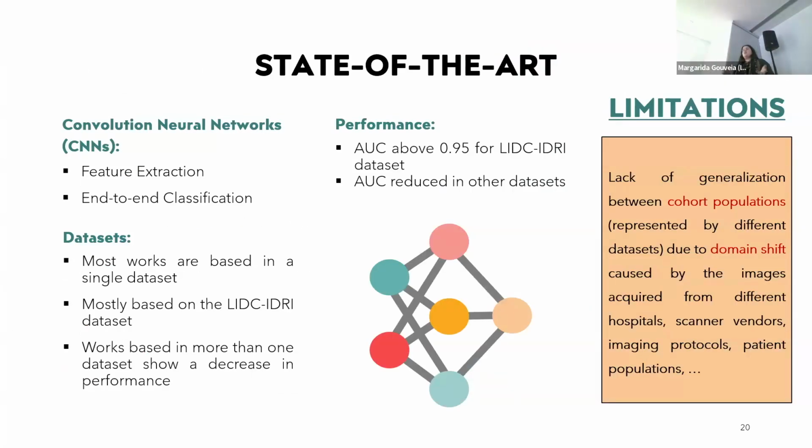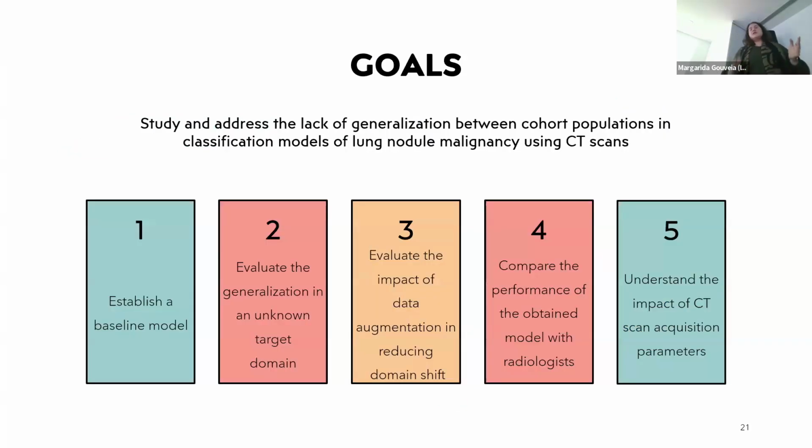The idea is that we know that these types of models, deep learning models, when applied to lung nodule classification, have a lack of generalization. So our goal was to establish a baseline model, evaluate the performance of the model on external data sets, try to quantify this decaying performance, and try to implement a simple approach to deal with this, that is data augmentation.